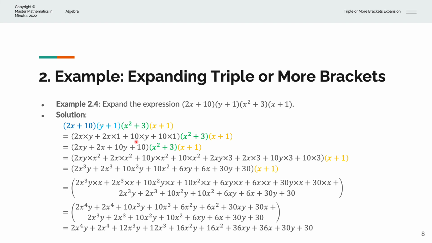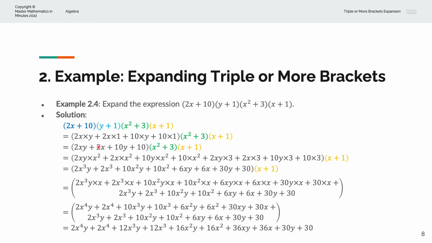And we'll simplify the first bracket with 2xy plus 2x plus 10y plus 10. And we'll copy x squared plus 3 and x plus 1. So expand these two brackets now with 2xy multiplied by x squared, that's the first term, 2x multiplied by x squared as this term, 10y multiplied by x squared as this term, and 10 multiplied by x squared is this term here.